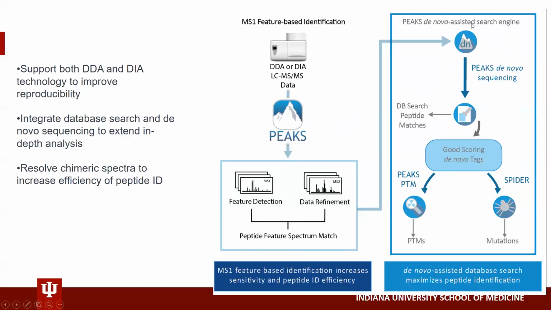And then it goes into this de novo assisted search engine, where it starts with de novo sequencing, a very proprietary algorithm. Essentially it's going through these features and looking for anything that could be a peptide.